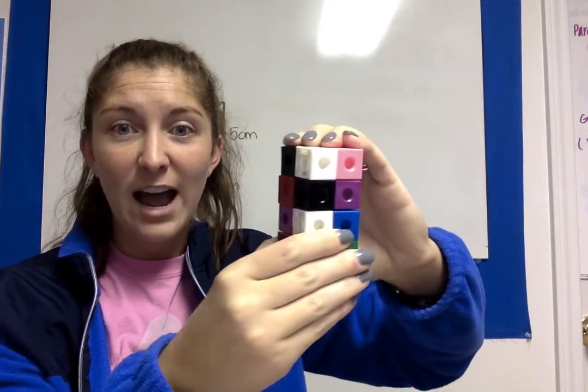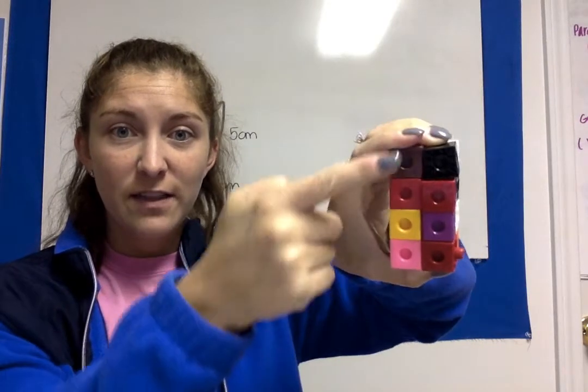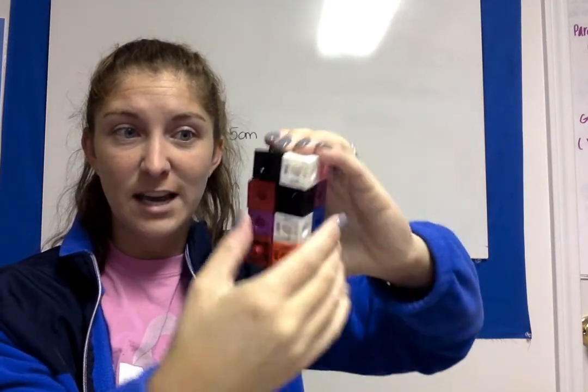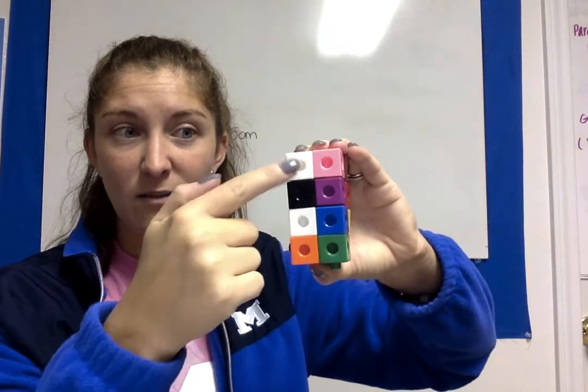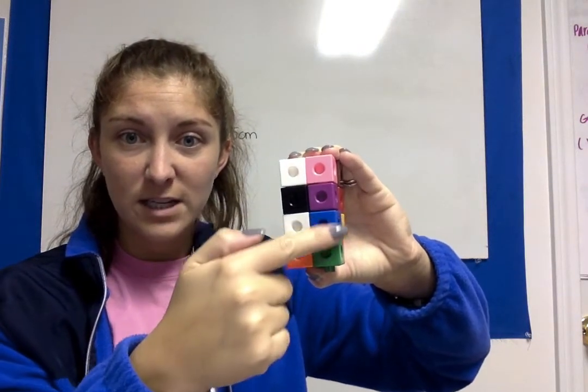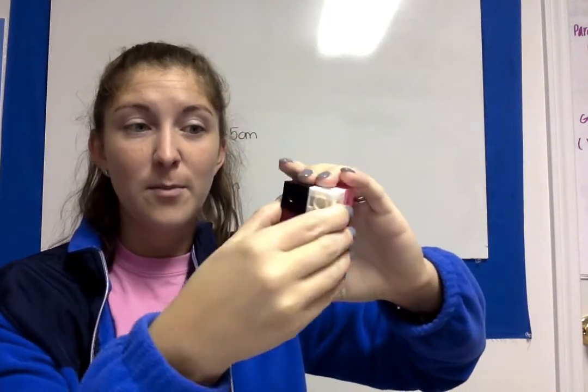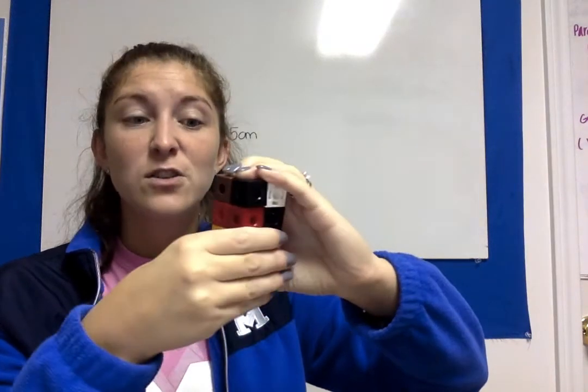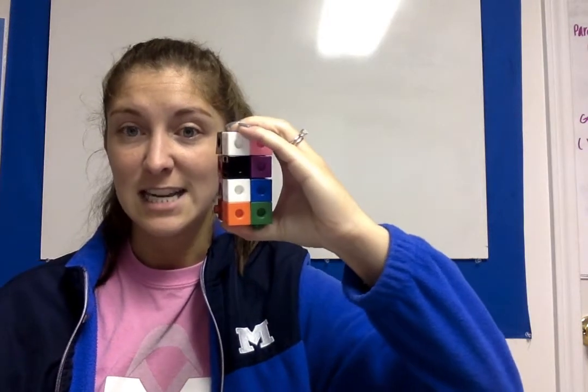But now I also have to consider the 8 blocks on this side. So I have 1, 2, 3, 4, 5, 6, 7, 8 blocks, but I also have to count the ones on this side too. 9, 10, 11, 12, 13, 14, 15, 16. So the volume of this figure here would be 16 cubic units.